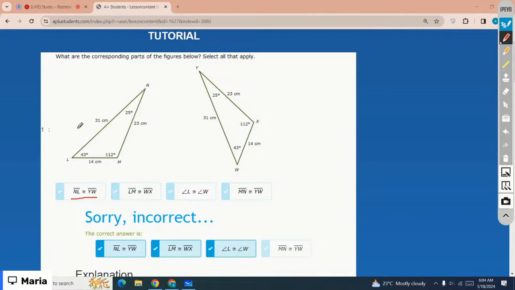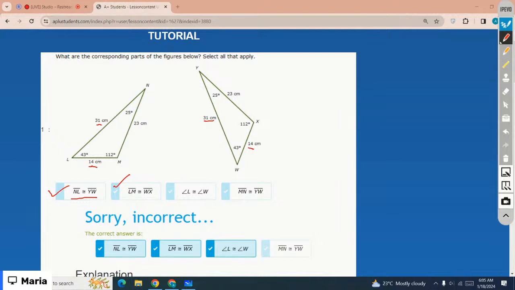Here is NL, that is 31 centimeters, and here is YW, that is also 31 centimeters. That means yes, this is congruent. Then LM and WX. Here is LM 14 centimeters and here is WX 14 centimeters. This is also congruent.